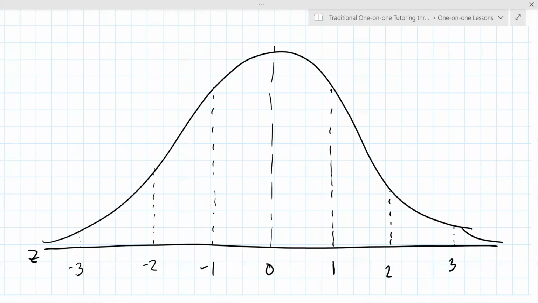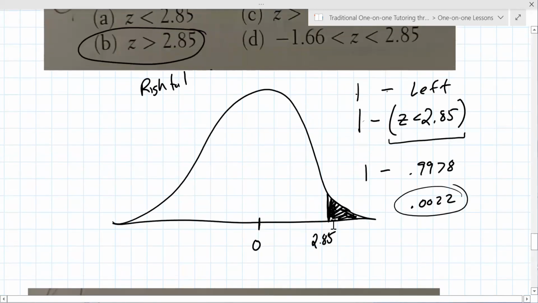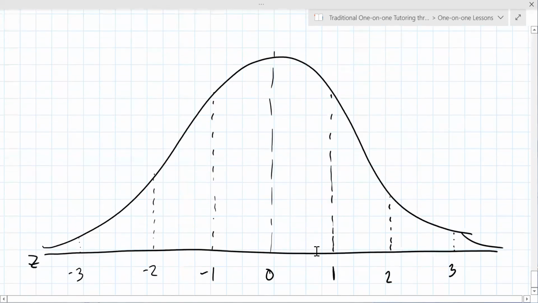That's why I had no idea what was going on. So this is how you estimate where it is. And your teacher will probably give you a problem where you need to draw the curve. Your 2.85 needs to be roughly in the right place, meaning it's not near 0, it's closer to the tail.